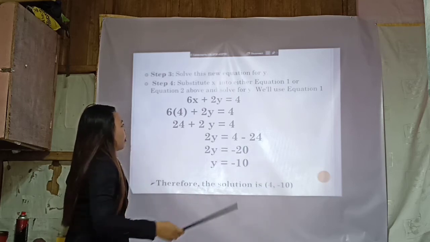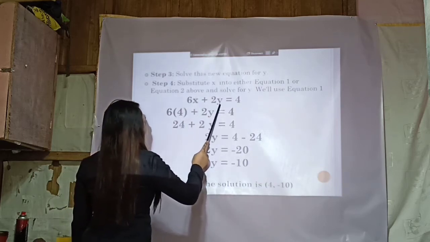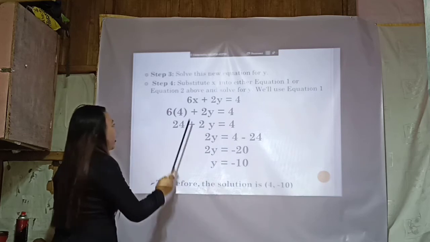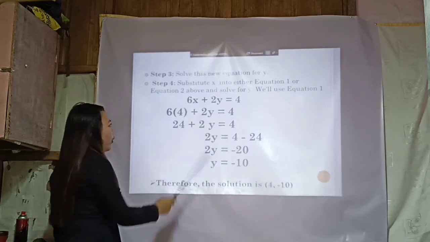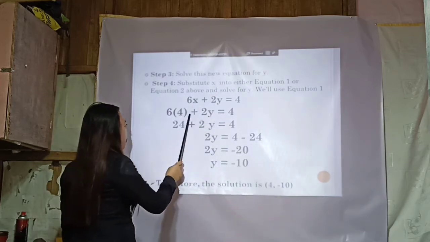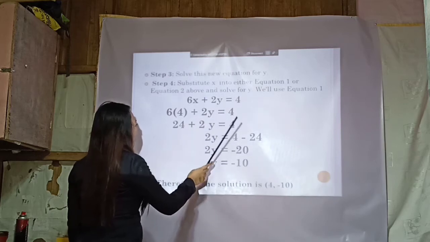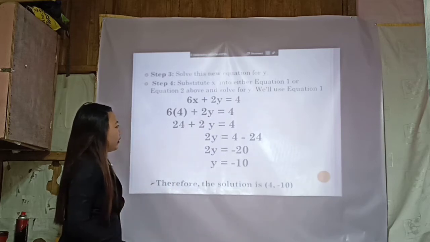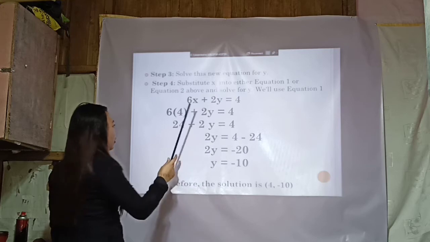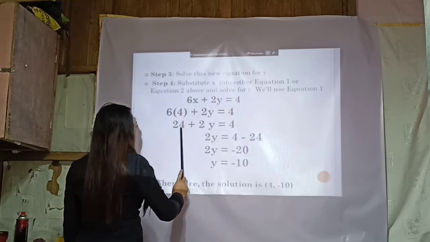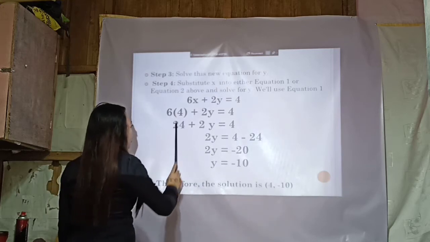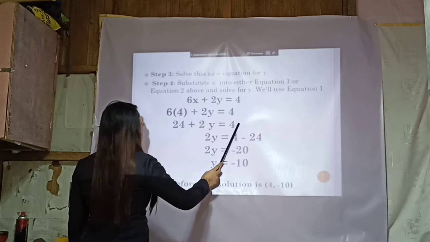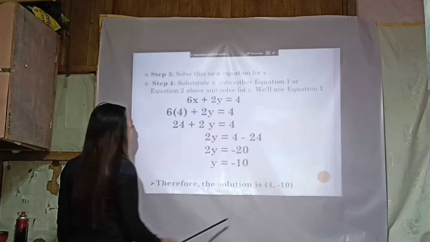So, equation number 1 is 6x plus 2y is equal to 4. The value of x is 4, so 6 times 4 is 24 plus 2y is equal to 4. Then, combine like terms.